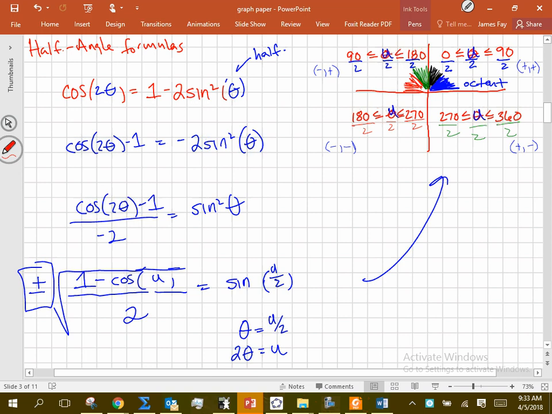Okay. And then if we keep going, people are saying, well, you'll never have an angle down here. Well, I will if my original angle is like 410. It'd be 205, and that's in this quadrant here, right?